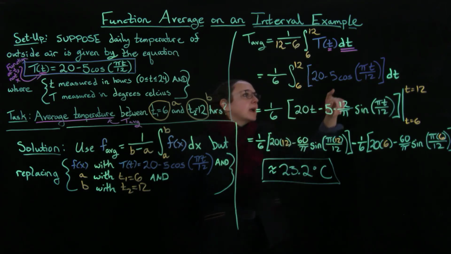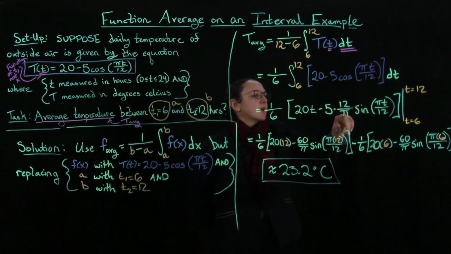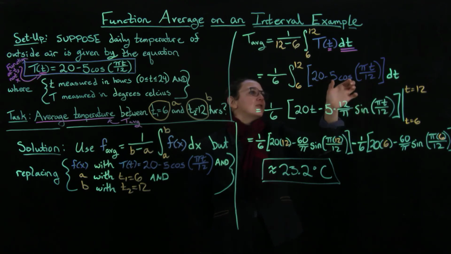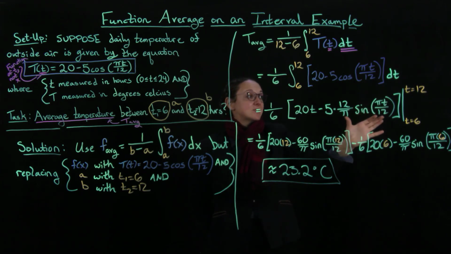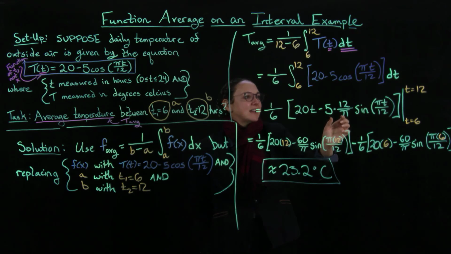And then here, I have to pick up this 12 over pi because of the chain rule applied to sine. I know that the antiderivative of cosine is sine, but there's something on the inside, so that when I take the derivative, I end up applying the chain rule. I end up with something on the outside, and so I need something to cancel that.